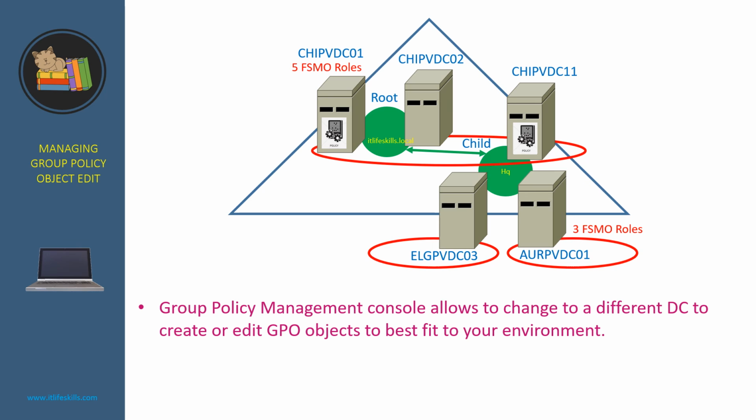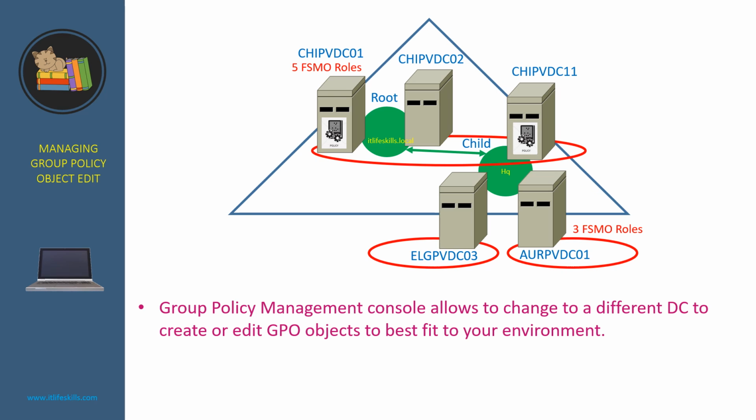For example, if we have 2,000 employees on the Elgin site with 100 group policies created and updated, and about 10 employees on the Aurora site and no users on the Chicago site because it is a data center.